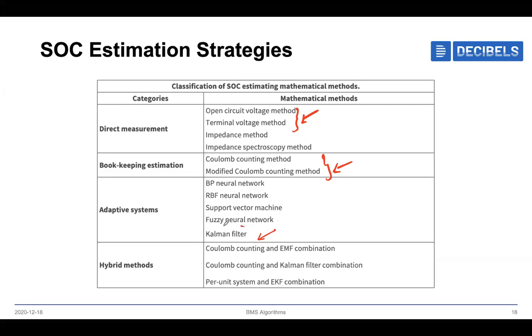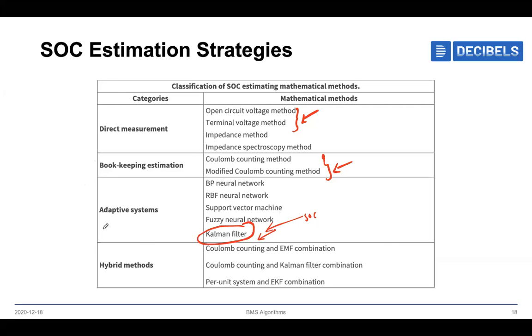Today I will try to show you a Kalman filter based methodology for estimating state of charge. And the hybrid methods are a combination of direct measurements and bookkeeping estimation, or bookkeeping estimation with adaptive systems. The main aim is to increase the accuracy of the estimation.